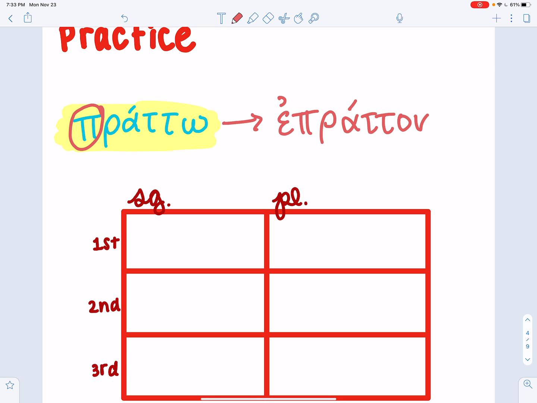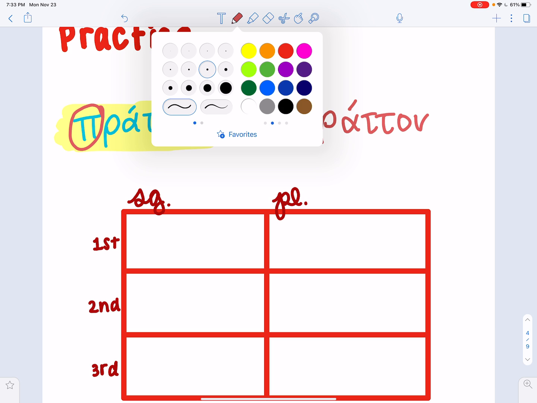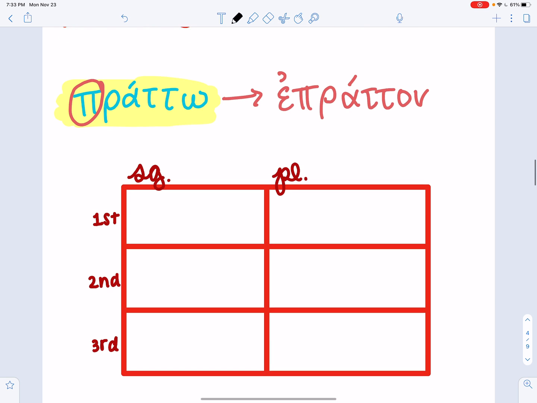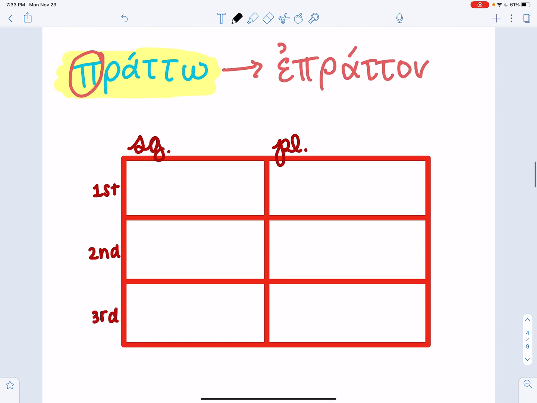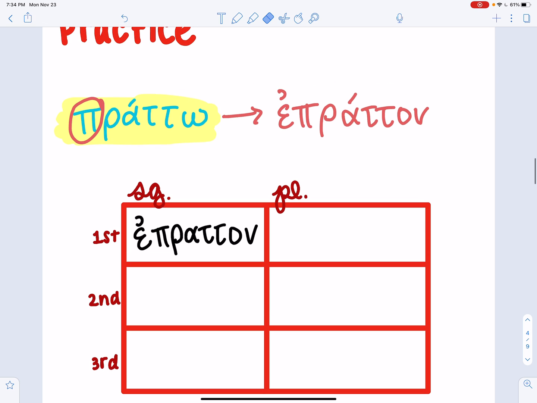Not too bad, right? And now let's go through the entire form. So, first person singular. Epraton. Oh, sorry, I messed up our accent. I didn't notice to change that. You see how easy it is?